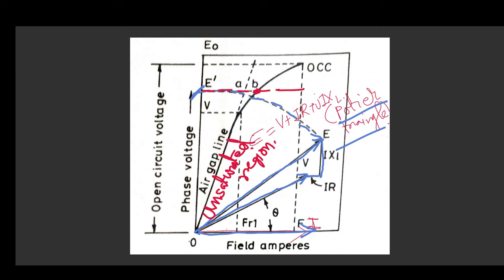So what is that slope? This is our A and this one is B, right?